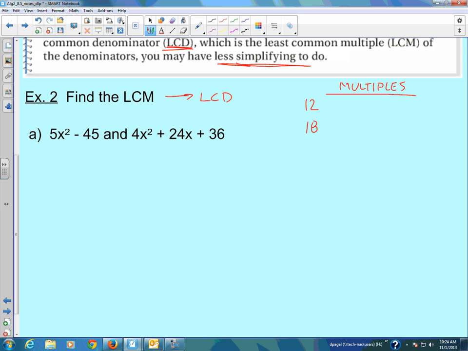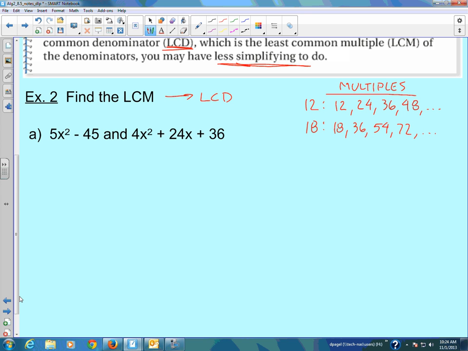So the multiples of 12: 12 times 1, 12 times 2, 12 times 3, 12 times 4, and so on. Multiples of 18: 18 times 1, 18 times 2, 18 times 3, 18 times 4, and again, so on.